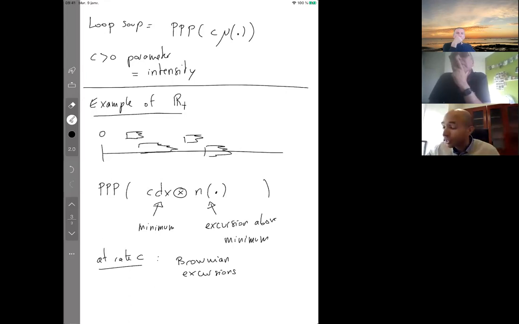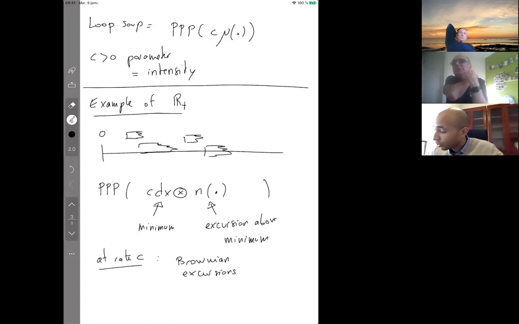Well, and so actually there is a connection with branching process with immigration. You can think of a Brownian excursion as a critical branching process. A Brownian excursion is related to a Brownian tree, representing a branching process.